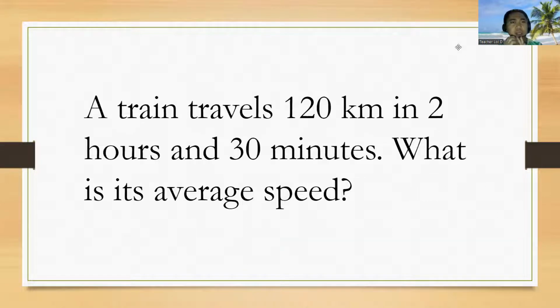Next, a train travels 120 kilometers in 2 hours and 30 minutes. What is its average speed? Okay, so gamit tayo ng calculator. Ang distance dito ay 120 kilometers divided by 2 hours and 30 minutes.